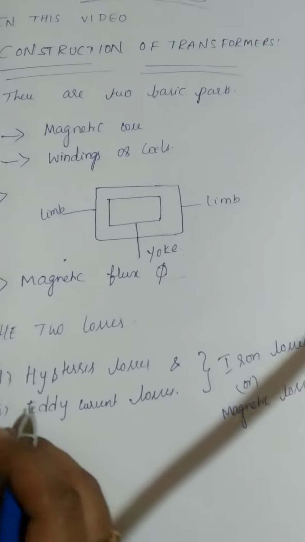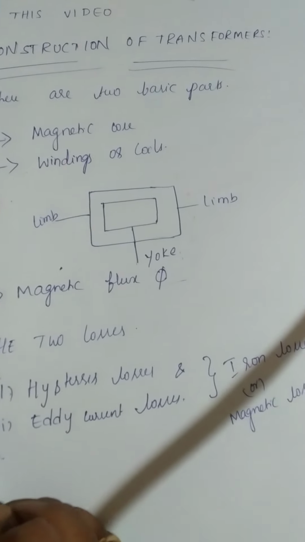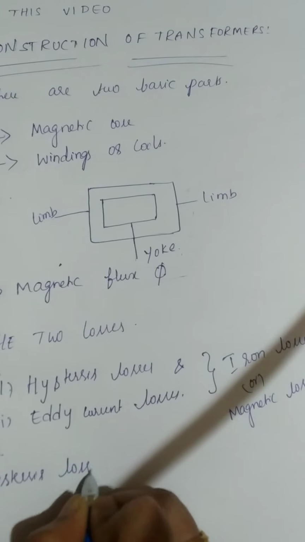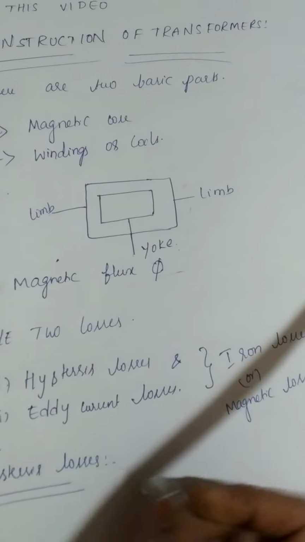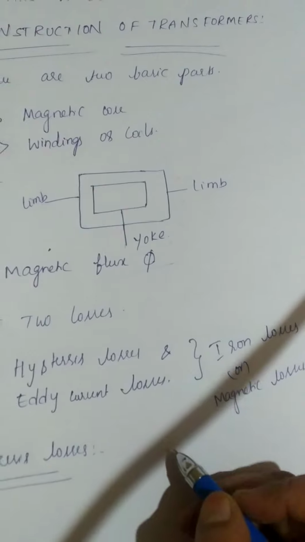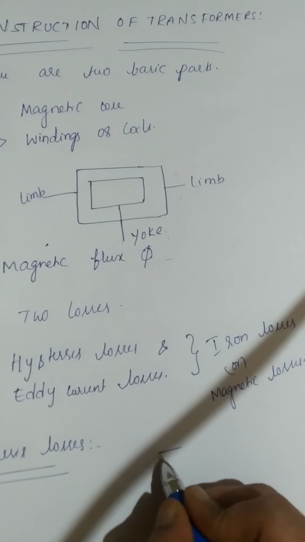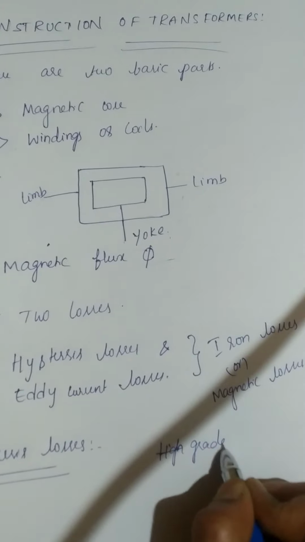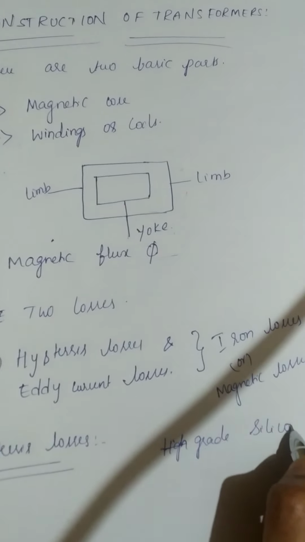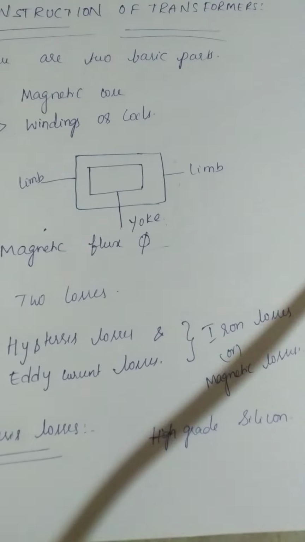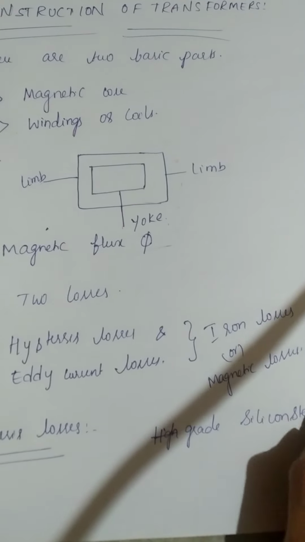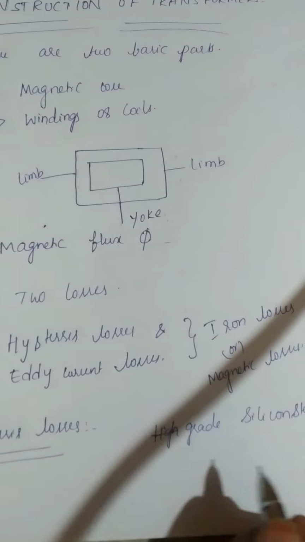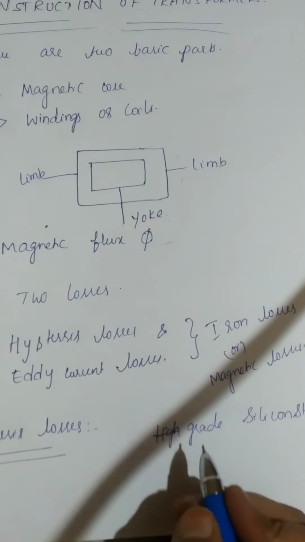Let's discuss hysteresis losses. Generally, the core is made up of high-grade silicon steel. It is a high permeability material.